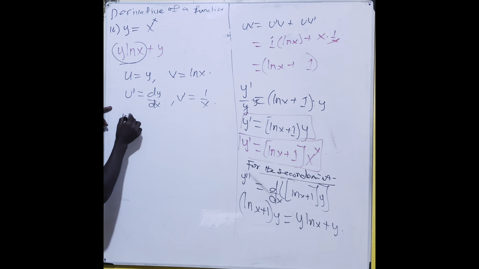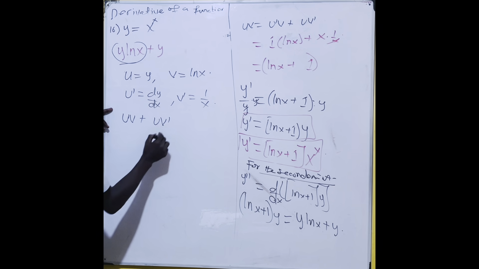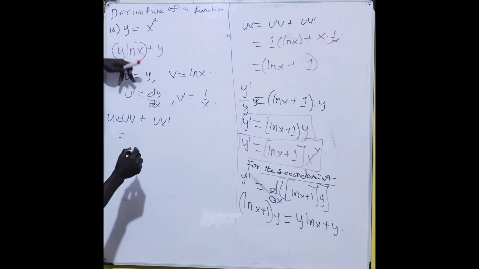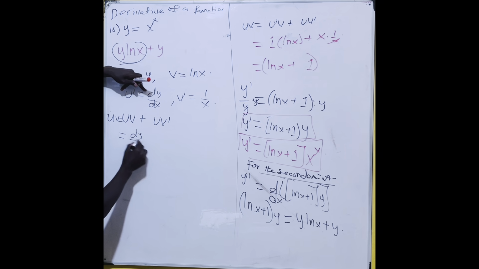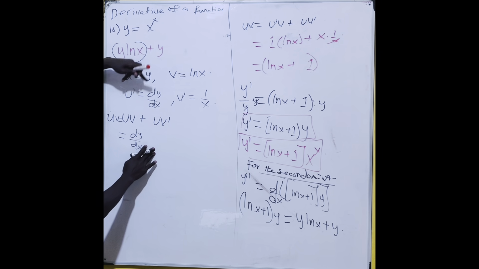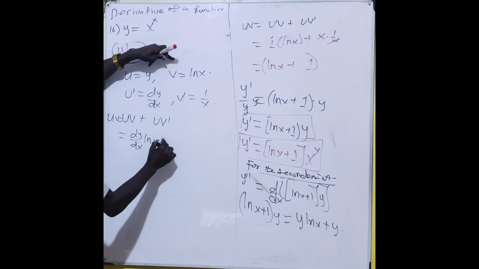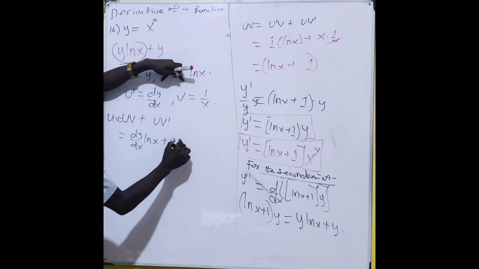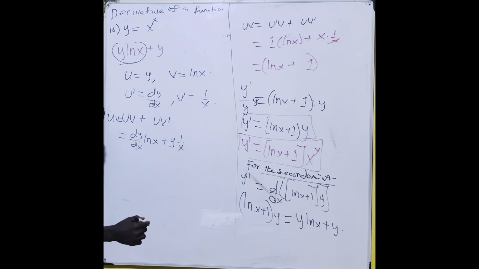So u prime v plus u v prime will be equal to our u prime, which is dy dx, times our v, which is ln x, plus our u, which is y, times our v prime, which is 1 over x.